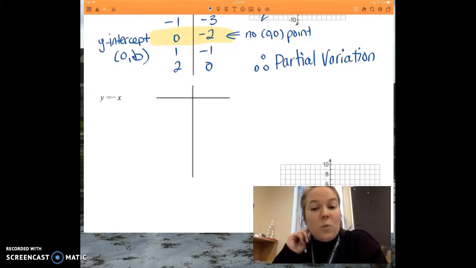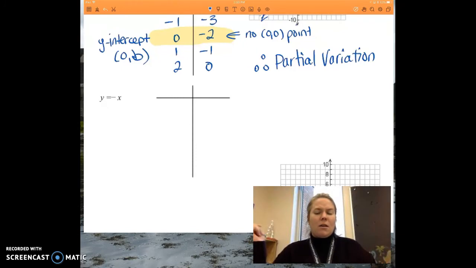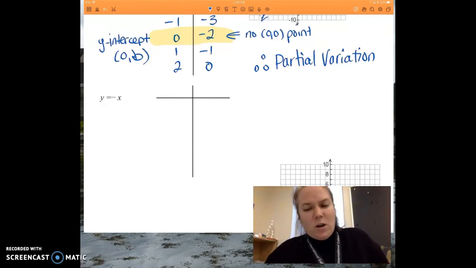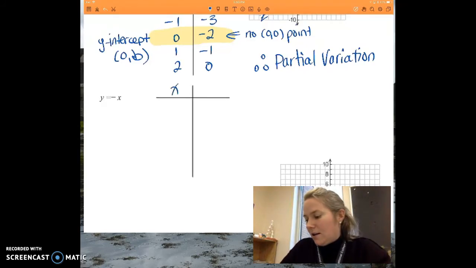Let's look at another example. Our equation is y equals negative x. That's strange. There's no b value. It's not negative x plus 3. It's not negative x minus 6. That's very weird. So let's take a look. Let's first create our table of values.